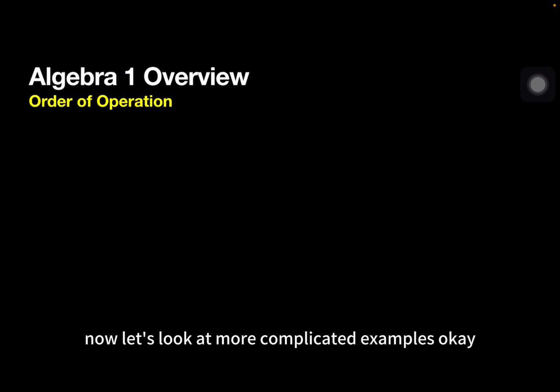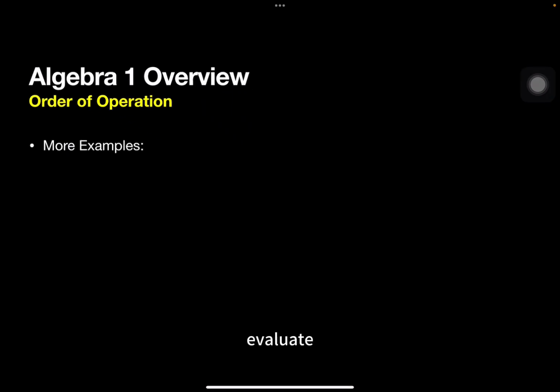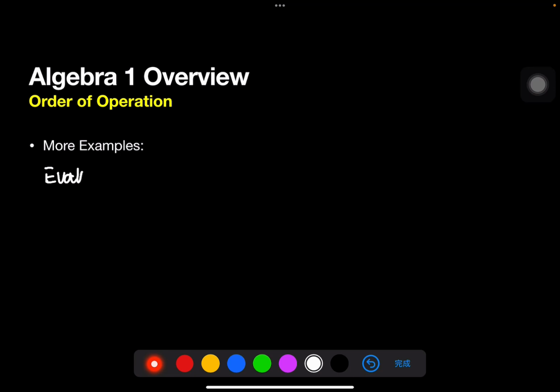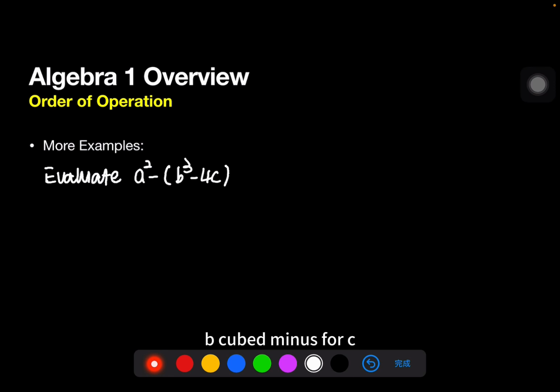Now let's look at a more complicated example. Okay, so for example, we want to evaluate a squared minus parentheses b cubed minus 4c. And here a equals 7, b equals 3, c is equal to 5.